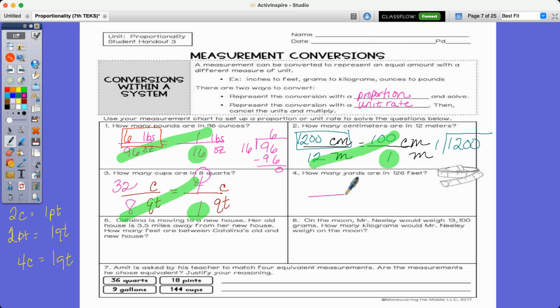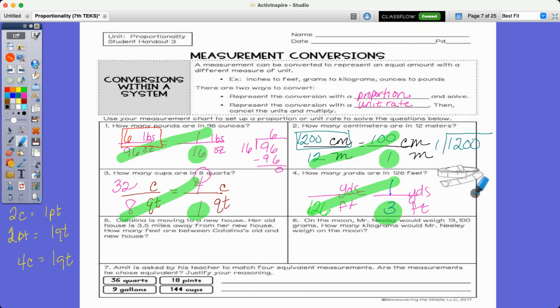How many yards are in 126 feet? So I have yards per feet, yards per feet. I don't know how many yards, that's my X, in 126 feet. I know that in 1 yard there are 3 feet. So I'm going to multiply and divide.